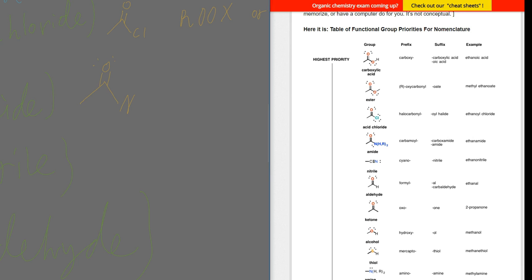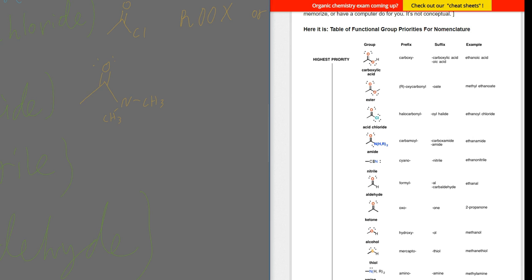Okay, let's see. In this case, there's like a methyl group. Let's make this smaller. It doesn't have to be this.